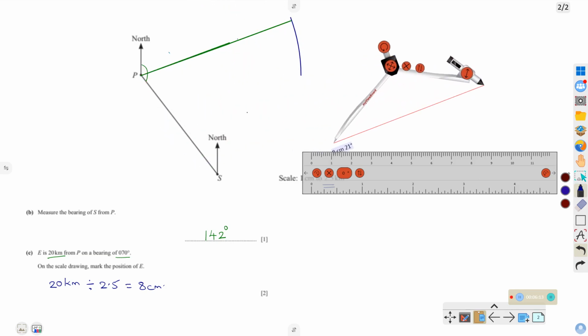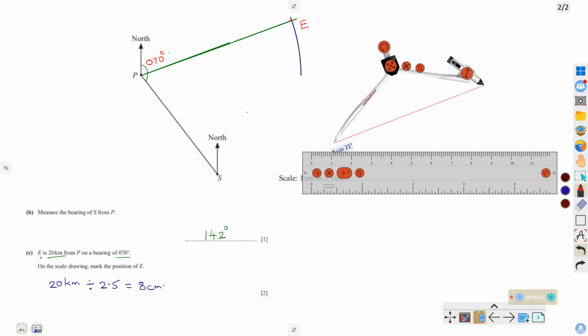So I have got exactly there, so let me increase this also. Yeah, so this is the way you'll cut this line here and mark it as E. So this is the line E on 070 bearing. This is the point E, sorry.